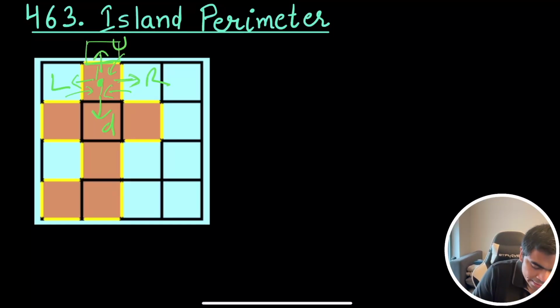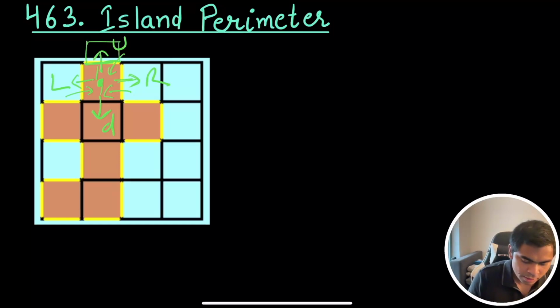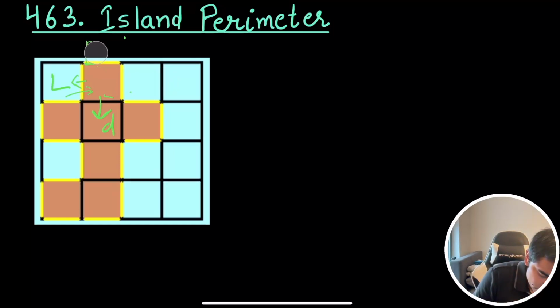If it is land, then only we return 0. Okay, I'm going to do a little iteration here. So let's say I come across right here, so this will basically get 3 values from around it. So 1 from here, 1 from here, 1 from here. Then these are basically zeros, so I don't consider them.